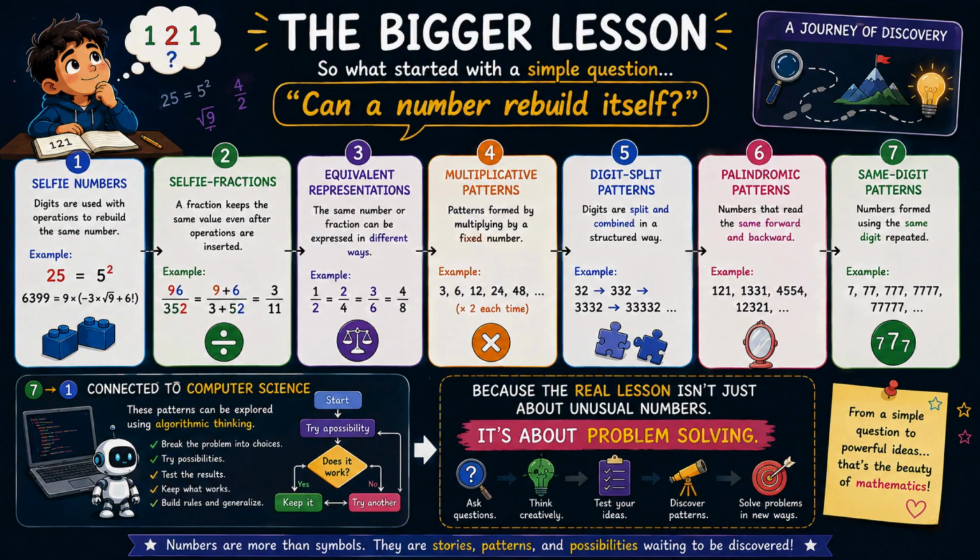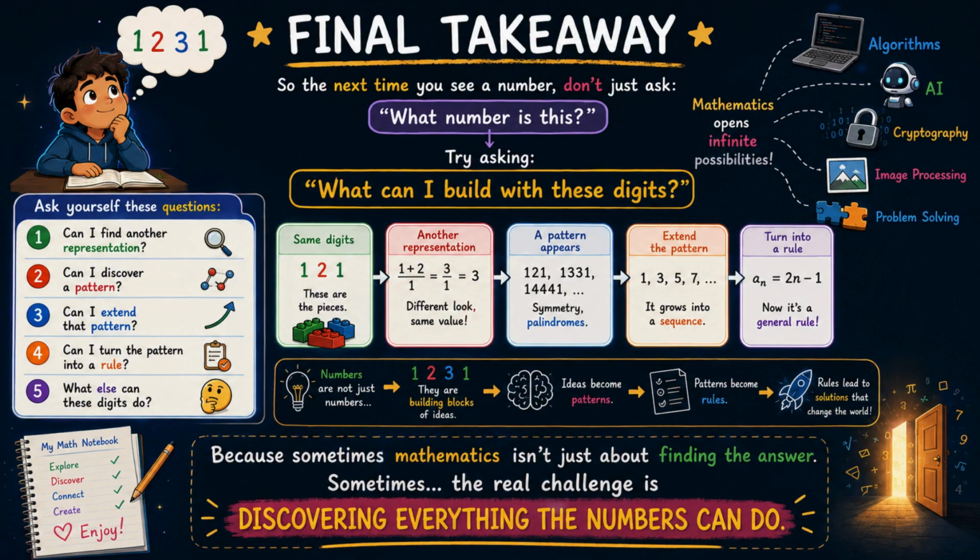Then we found patterns that can grow into entire families. And finally, we connected that way of thinking to computer science because the real lesson isn't just about unusual numbers, it's about problem solving.